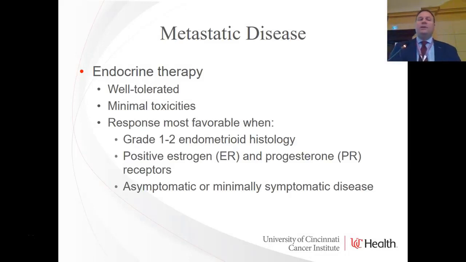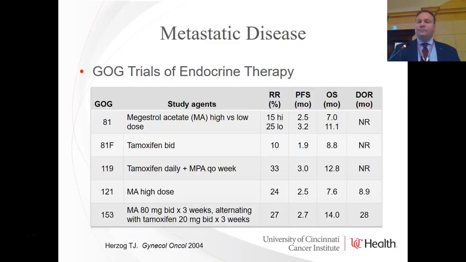Endocrine therapy is certainly well tolerated with minimal toxicity. The majority of patients who benefit from endocrine therapy are those with low-grade tumors with endometrioid histology. We can confirm somewhat the likelihood of response by testing for estrogen and progesterone receptors, but certainly this is a viable treatment option for patients with recurrent disease.